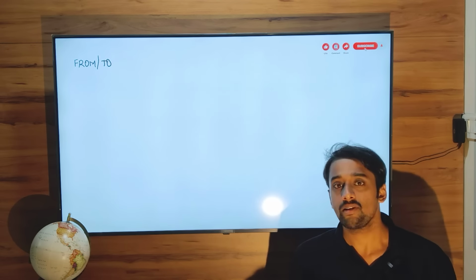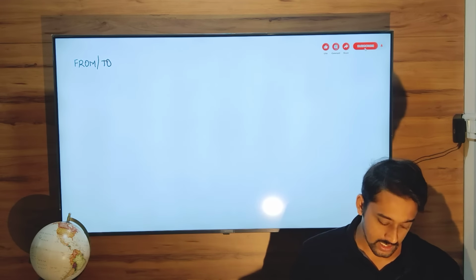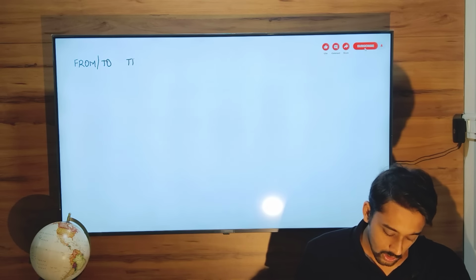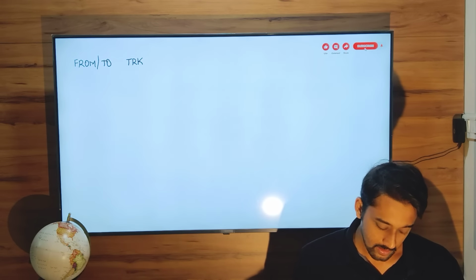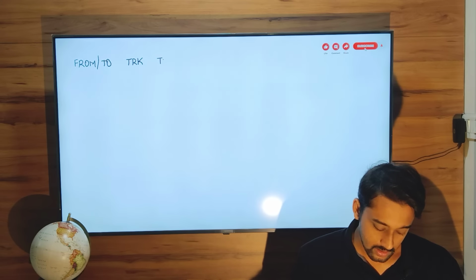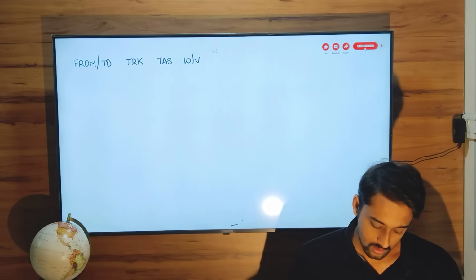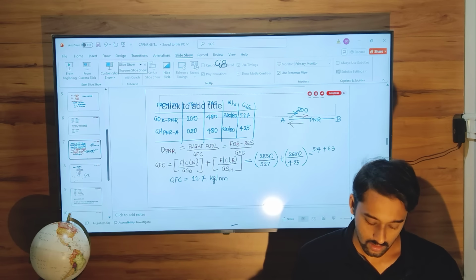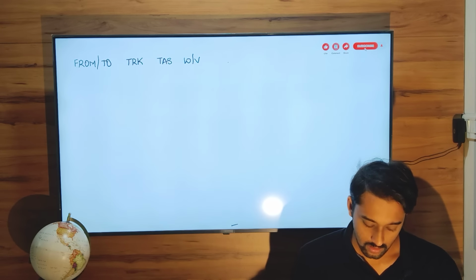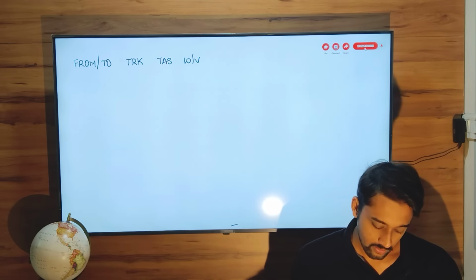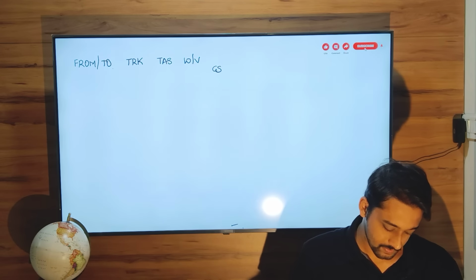Now you don't even need the help of a diagram if you have been consistently practicing. Automatically you will draw this table: wind and ground speed.